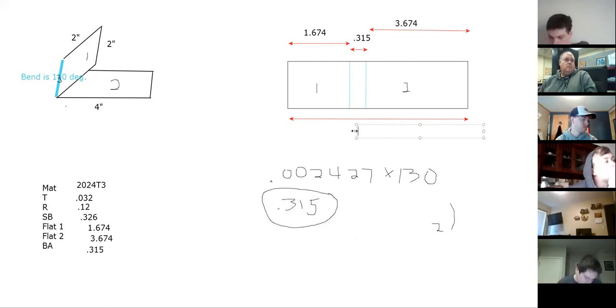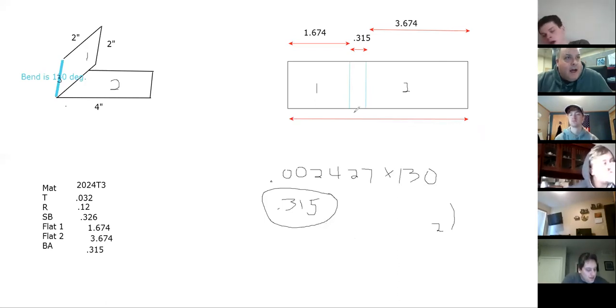Add flat 1, flat 2, and setback together. Not setback, close. You were really close. We would take flat 1, add flat 2 to that, and we would also add what? Bend allowance. Which again, the bend allowance is that part right there.